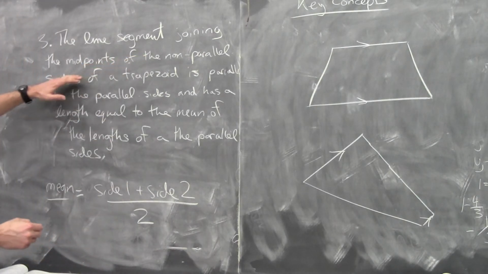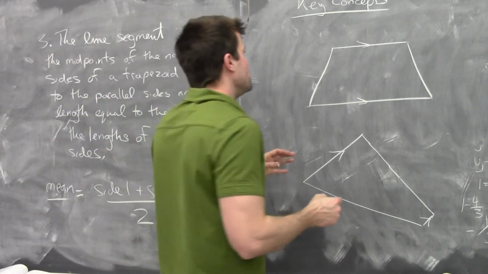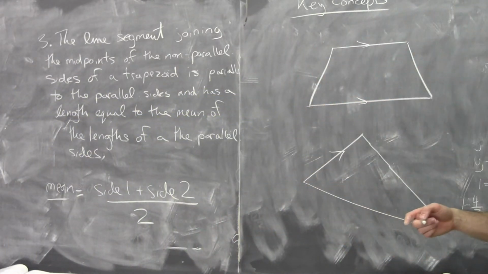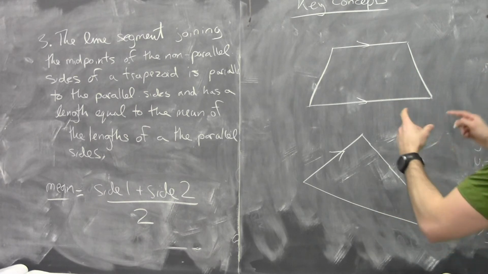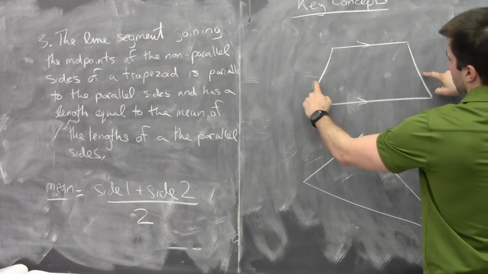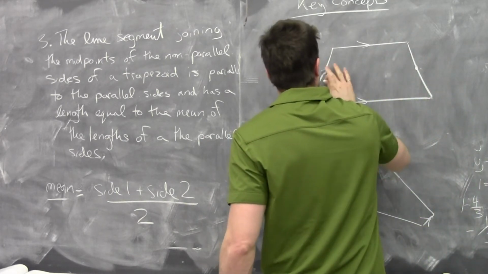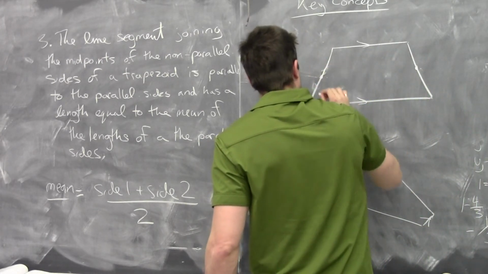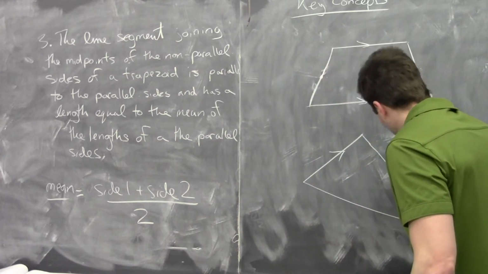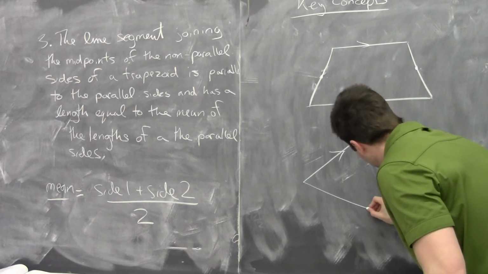So it says the line segment joining the midpoints of the non-parallel sides. Okay, that's easy enough. So the non-parallel sides are these sides, and the midpoints of the non-parallel sides are here.